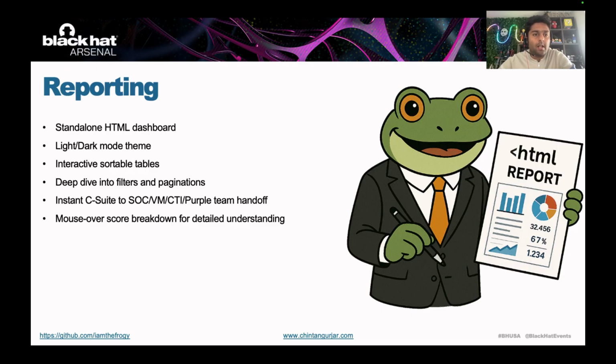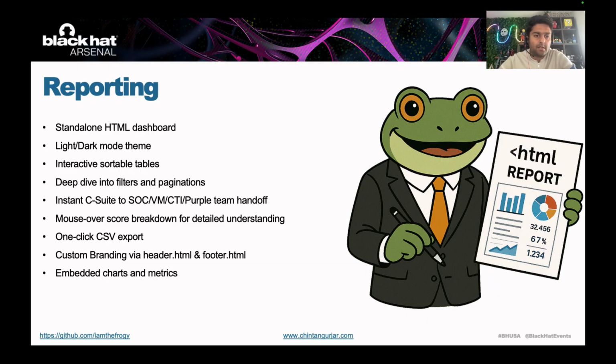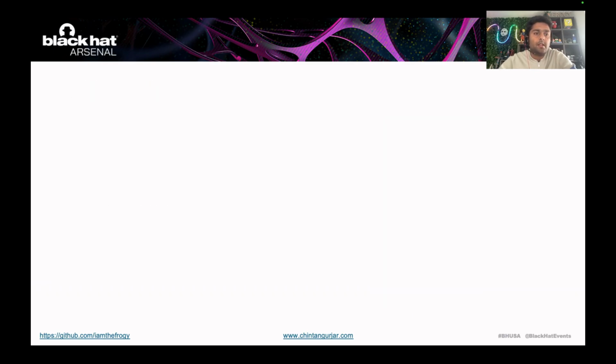So if you see a score, let's say 40, and I'll show you in a demo, you mouse over that and it will tell you why I have rated this asset as a 40. It's a one-click CSV report, so if you are interested in downloading the CSV, you can do that. Because it's open source, there is a header and footer, and you can do custom branding. There are embedded charts and metrics. You can mouse over them and they will give you more information.